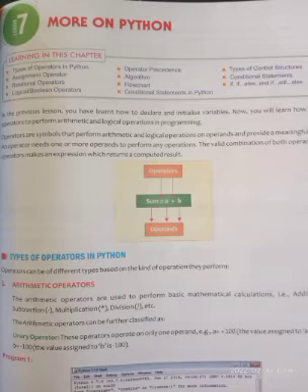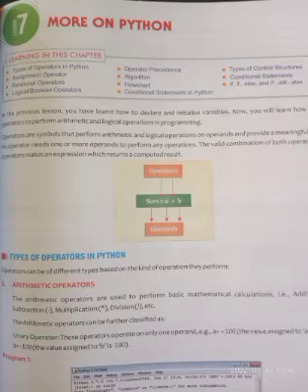So either multiplication is performed first, then division, or division first, then multiplication. Either it is left to right or right to left, it's up to Python how it will evaluate. But this precedence order will be followed by these operators.